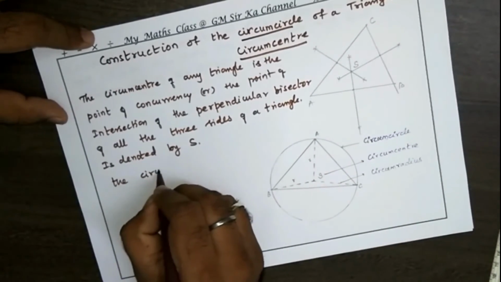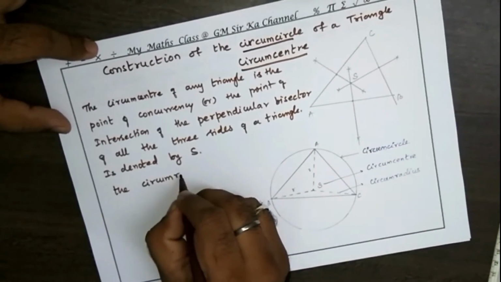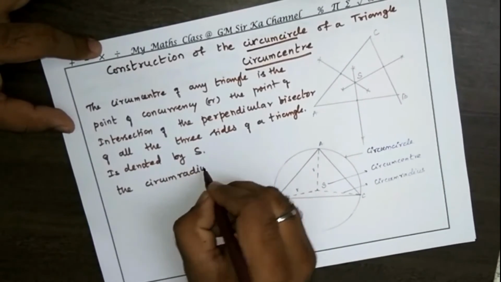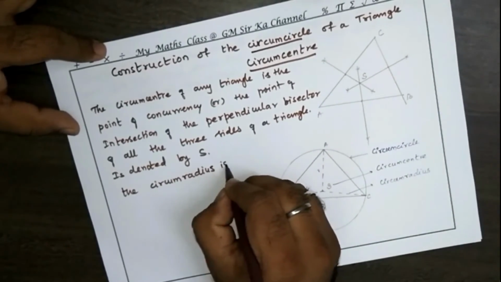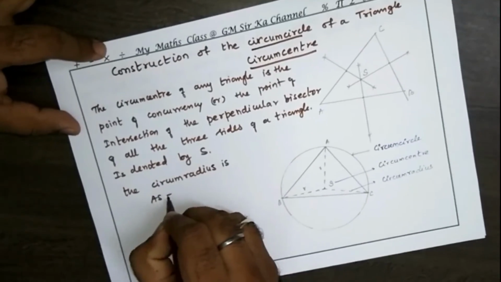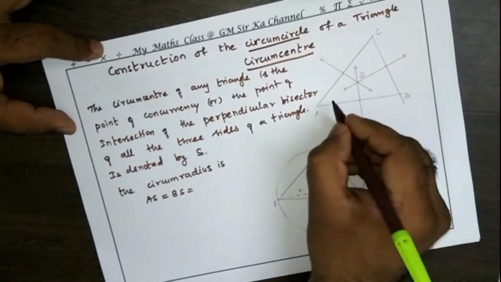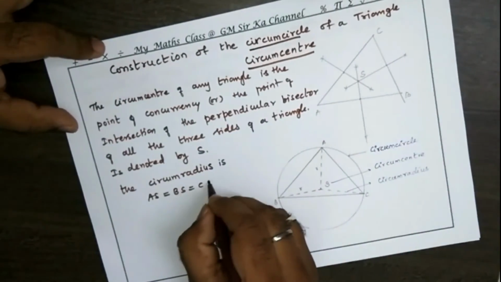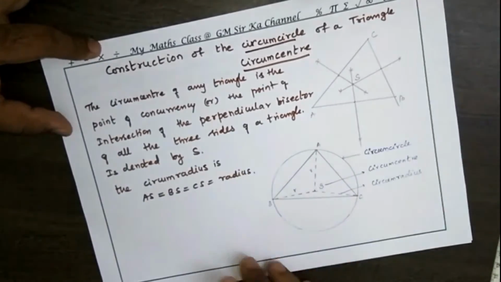The circumradius is AS, which is also equal to BS, which is also equal to CS, which is equal to the radius.